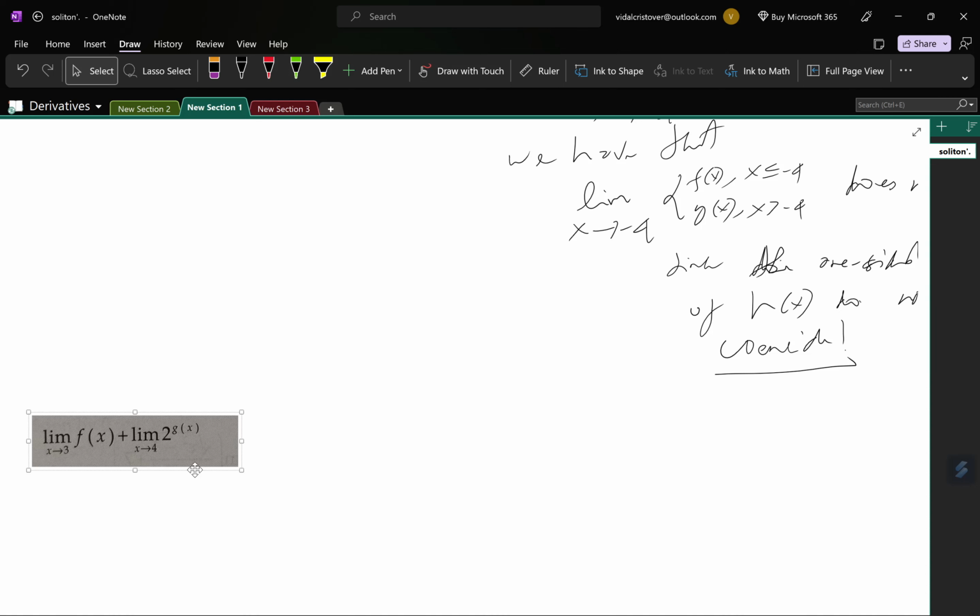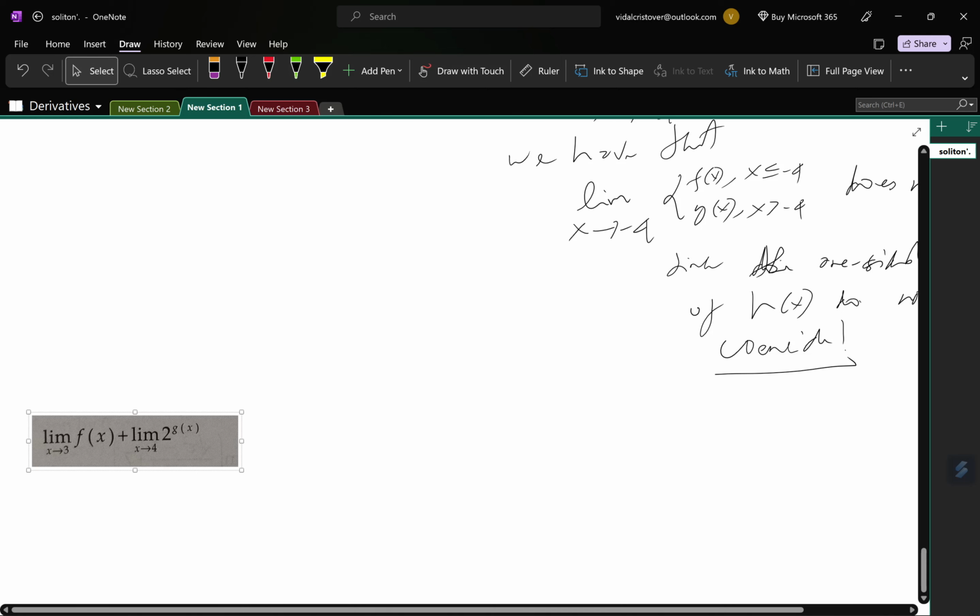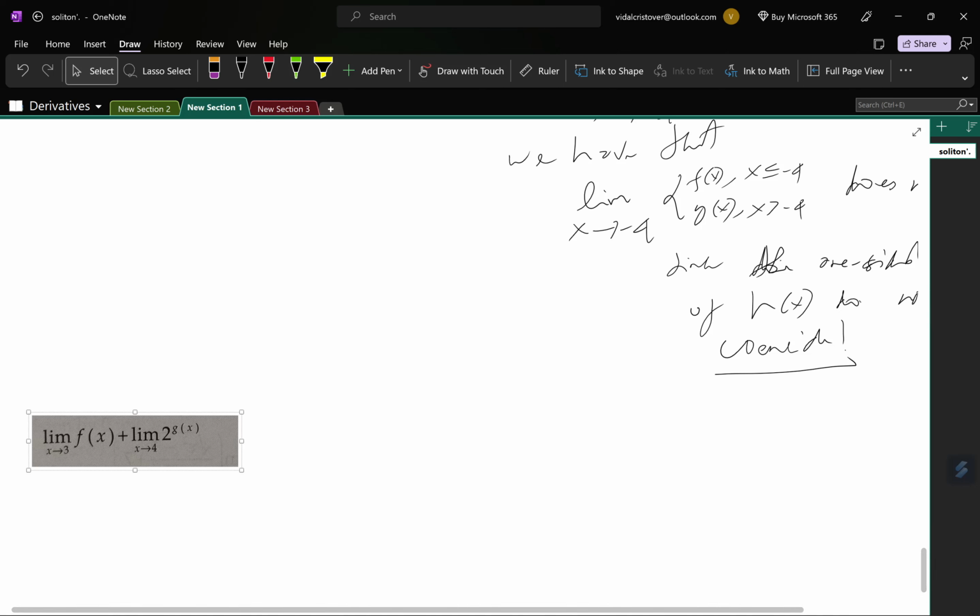So natay sum: limit sa sum ni f of x as x approaches to 3, kunya ang pikas kay limit ni 2 raised to the power of g of x as x approaches to 4. This is problem number 10.